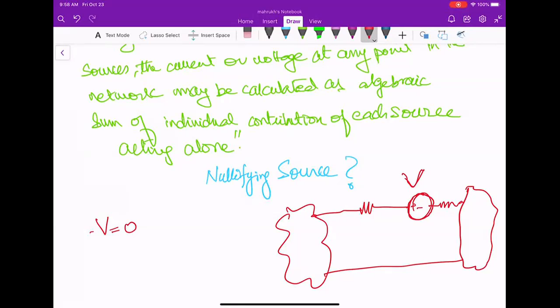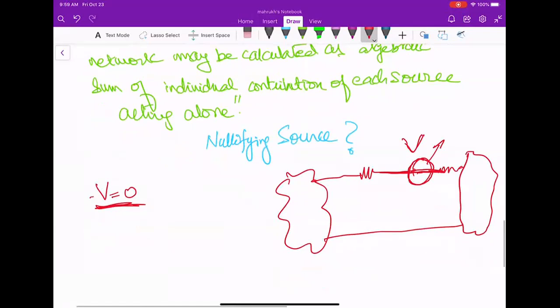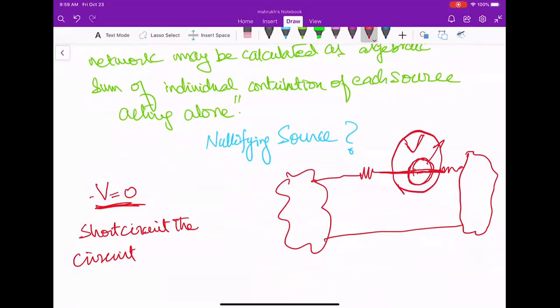If I want to remove this voltage source, I just say that V equals 0, taking this voltage source out and just connecting it with a wire, or short circuiting. Short circuiting doesn't mean short circuiting the whole circuit, but short circuiting that part where the voltage source was. Okay?